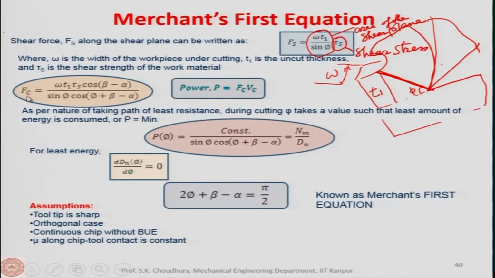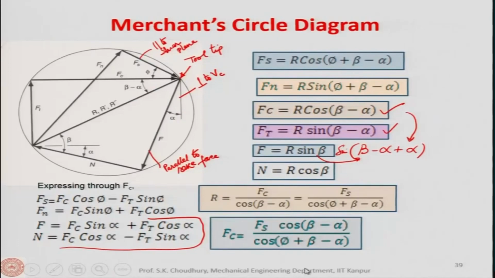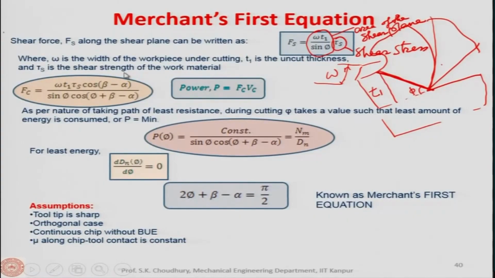Now, therefore, the Fc, we are putting the value of Fs in this and we get this equation. Put the value of the Fs, which is W T1 by sin phi, and this is the rest of it. So, the power P, as I said, is equal to the product of Fc and Vc.